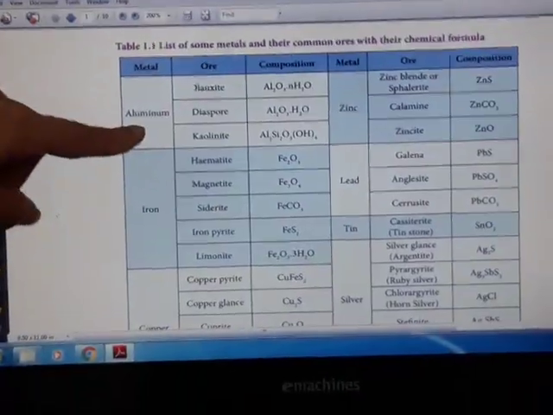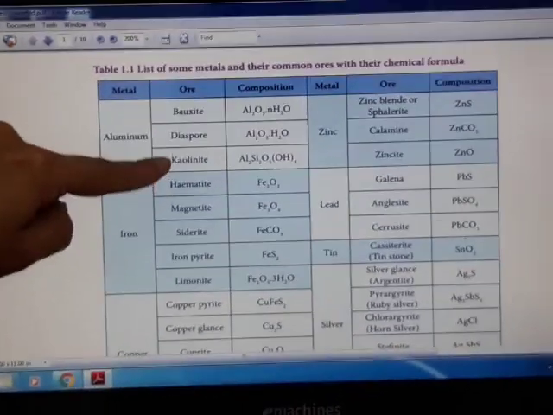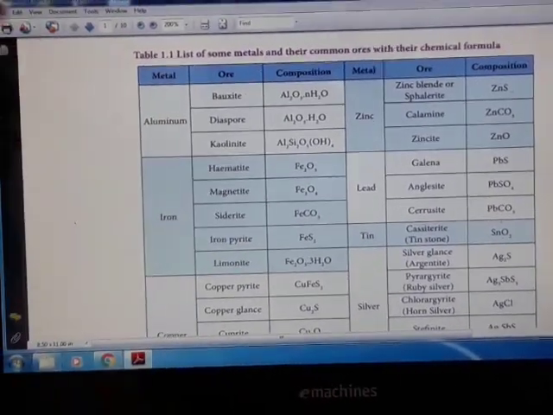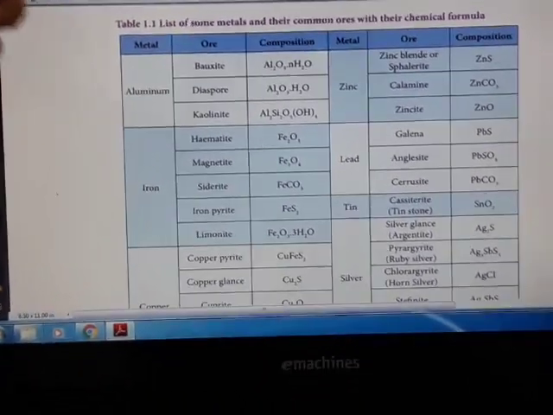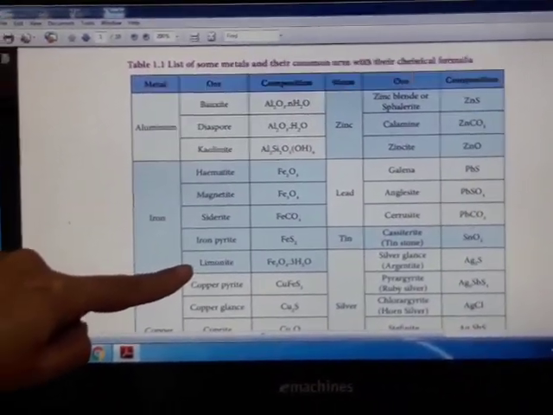Aluminium is found in nature in the form of bauxite, diaspore and kaolinite. Iron is found in nature in many forms, but the ores which will give us iron economically and conveniently are hematite, magnetite, siderite, iron pyrite, limonite.